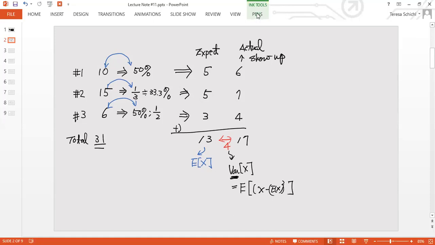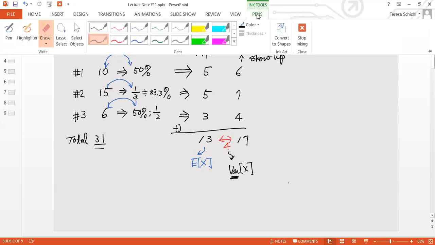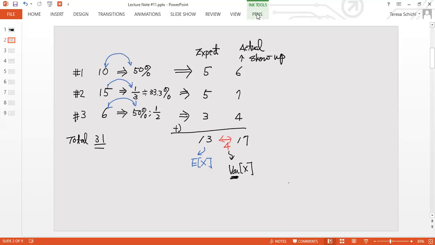But right now, don't worry about this. We're going to talk about that later, but let's not worry about the mathematics part here. Let's just understand the concept, right? The expected value intuitively is true: you have a certain number, and the probability for this number to show up is a certain probability. What you expect, intuitively, is that number times the probability.